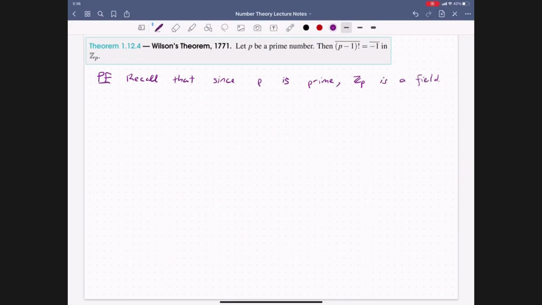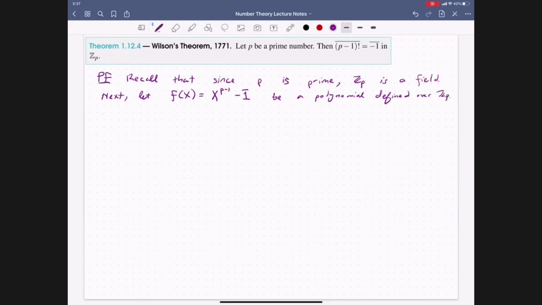Now we're going to look at the following polynomial. So next, let f of x be the polynomial x to the p minus 1 bar, a polynomial defined over the field.